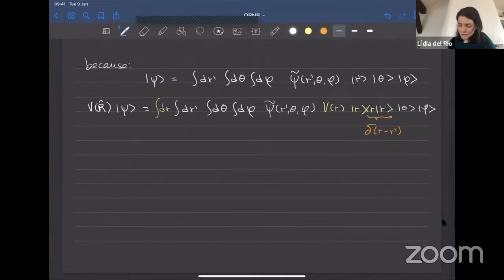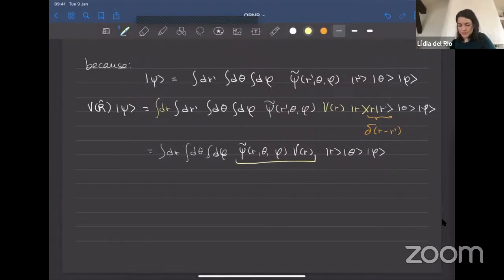Which means we can get rid of one of the integrals. Say we get rid of the r prime integral. So we end up with the integral over r, d theta, and so on, of V of r, and this is what happened to the wave function in the end.